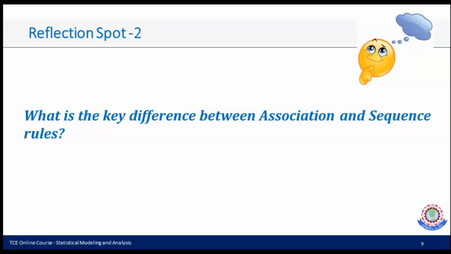Here the answer is, in association rule mining, it is used to detect frequently occurring patterns between the items, and sequence rule mining detects the sequence of events.